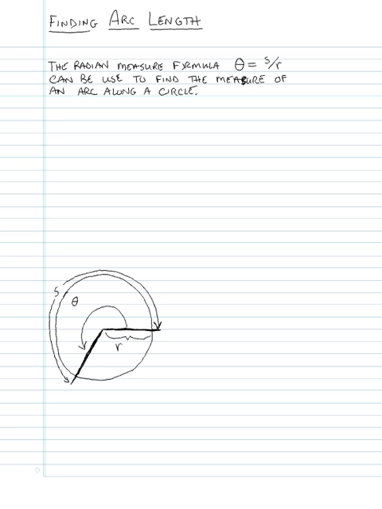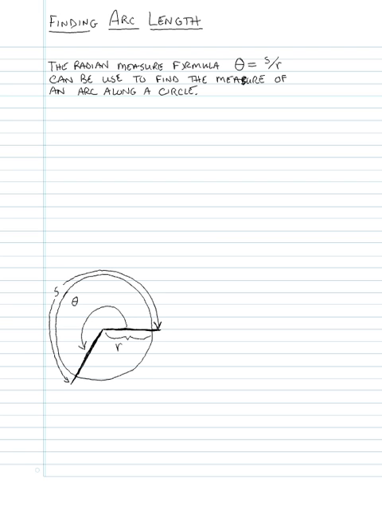Of course it's a positive angle because we are going in a counterclockwise direction. Then I'm looking at the distance along the circle from the initial side of the angle to the terminal side of the angle. I'm looking at that length, that distance along the circle, and that's called the arc length.